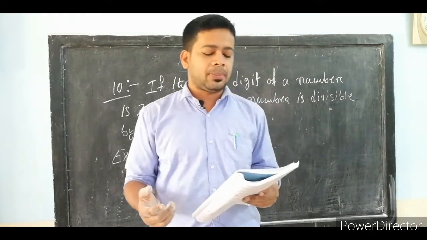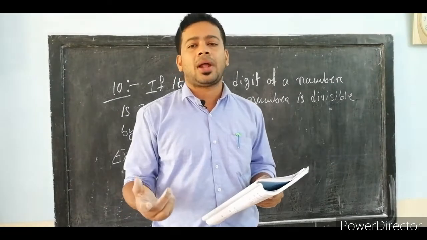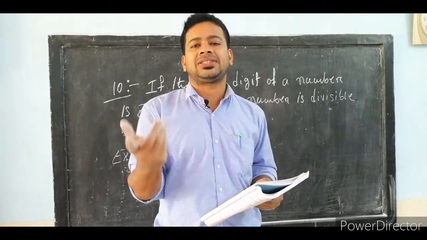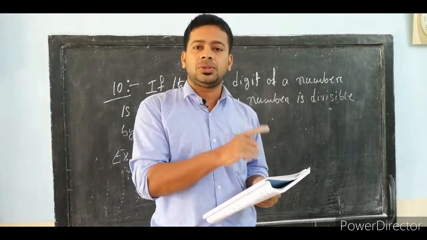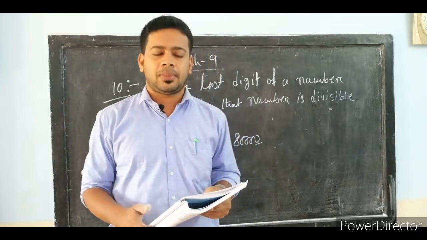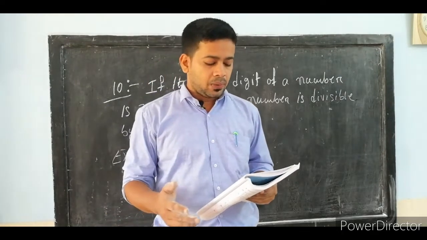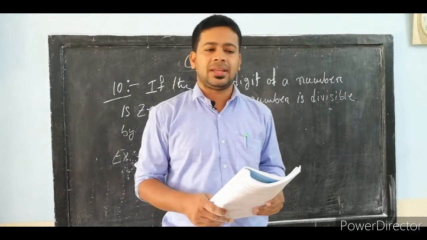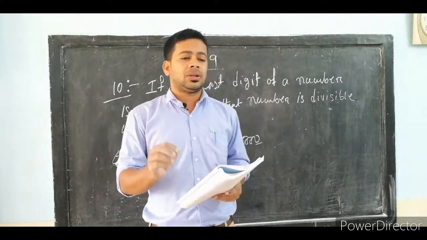Let's go for question number G, 6100. What do we have in the last digit? We have a 0 in the last digit. Since 0 was also in the divisibility rule, 6100 is also divisible by 2. Now if we move to question number K, 91,273. We'll check only the last digit.